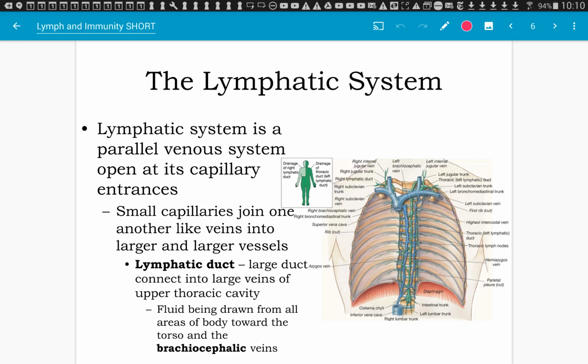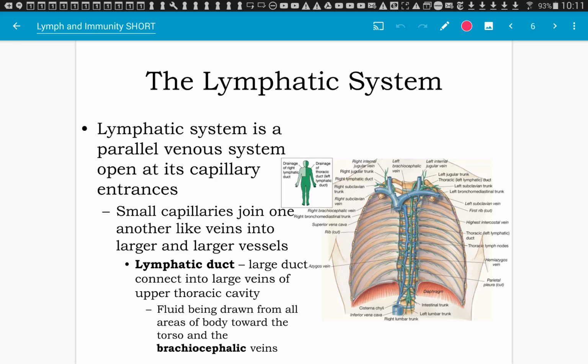They're pretty hard to see when we're doing just our basic dissections, because they're thin and they're not dyed. Much like the venous system, those small lymphatic vessels come together and get larger and larger until the fluid is eventually dumped back into the cardiovascular system.